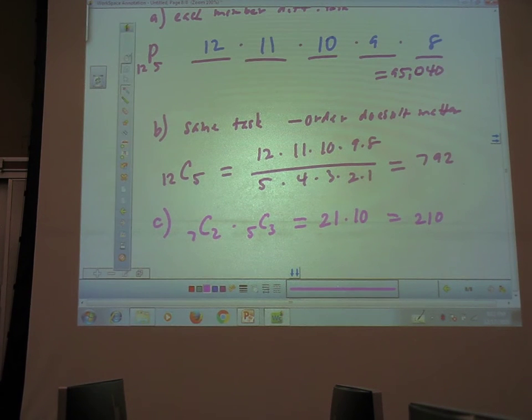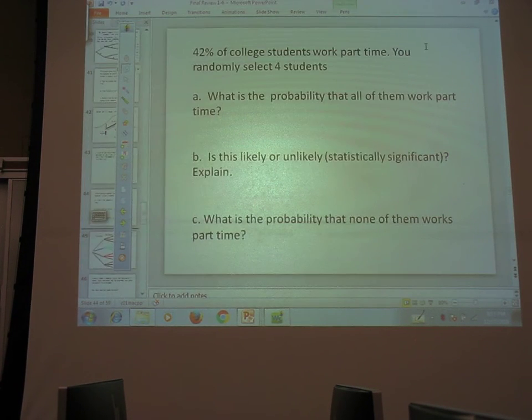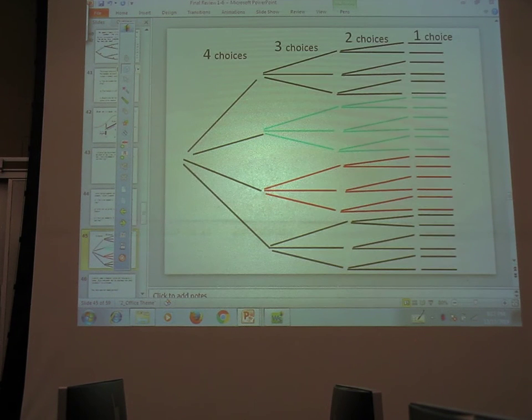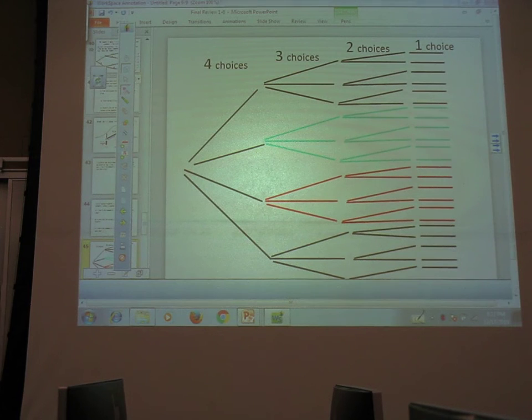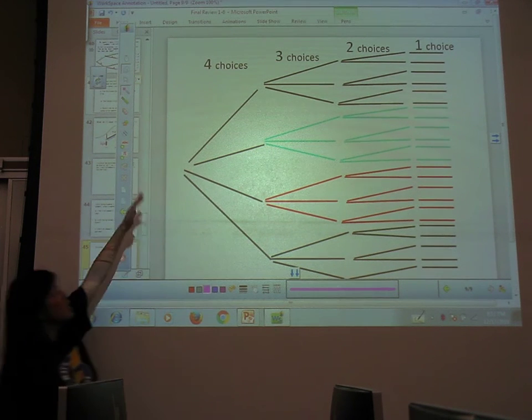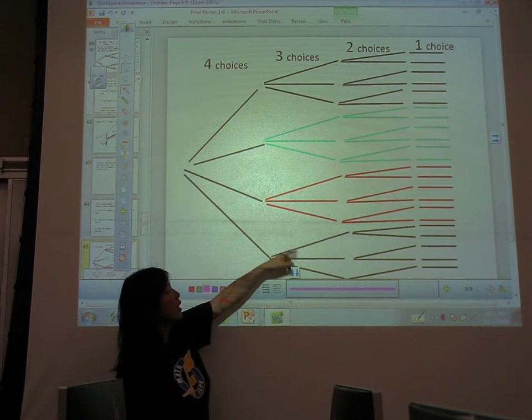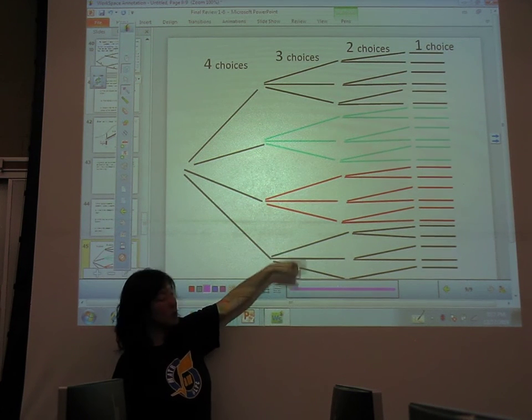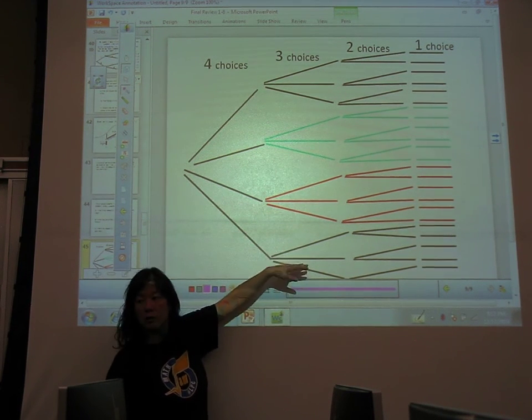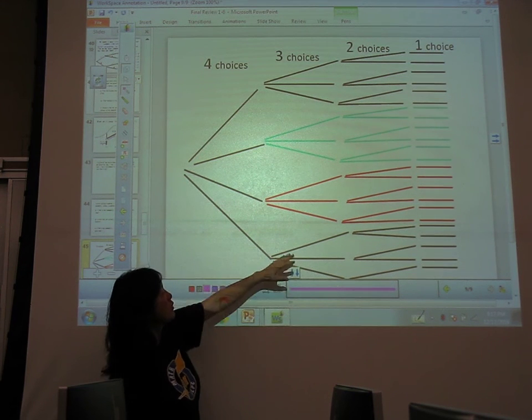Yes, there's 21 ways of picking the men, but for every one of those ways, I've got 10 ways of picking the women. So how many groups of 10 do I have? 21.